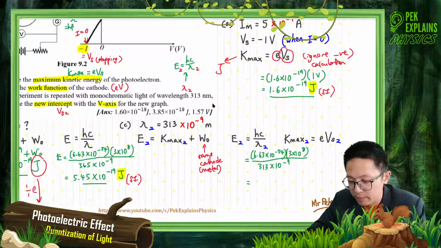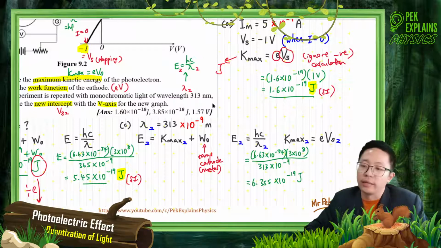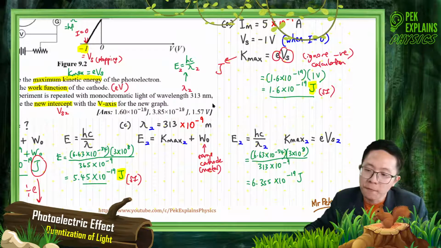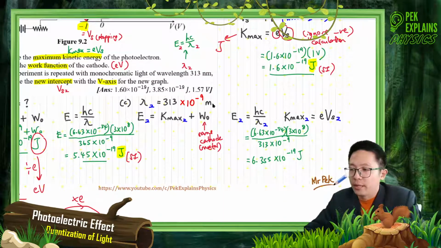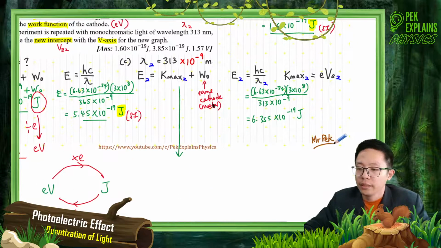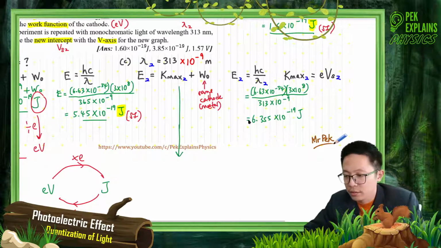The answer is 6.355 exponent negative 19 joule. So the new energy of photon is 6.355 exponent negative 19.